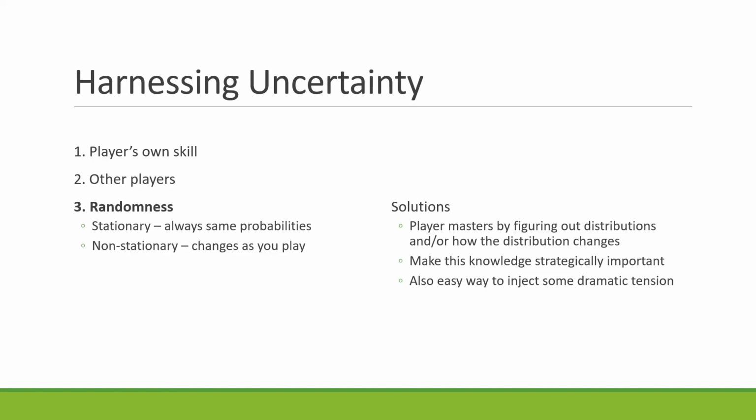On the other hand, if our game is heavy on randomness, whether it's stationary, such that the probabilities are always the same, or non-stationary, such that the probabilities change as you play, we can help the players by, one, giving them a clear idea of what those random elements are, not telling them distributions necessarily, but letting them analyze either from observation or from experimentation, and letting them build a mental model of how those random processes work. And as an aside, random processes can also be an interesting way to sprinkle in a little bit of dramatic tension, although that can be easy to overdo.